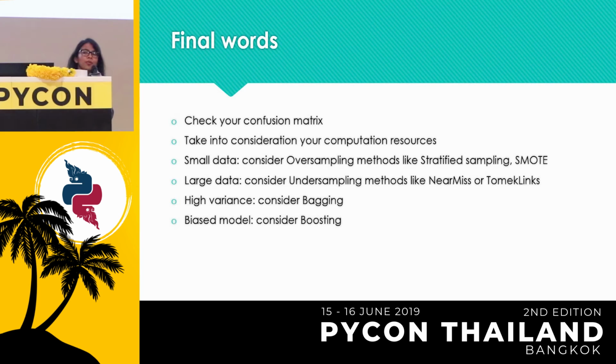If we have small data, we can use oversampling techniques. We can use stratified sampling or SMOTE. And for large data, we can consider using undersampling, like NearMiss or Tomek links.